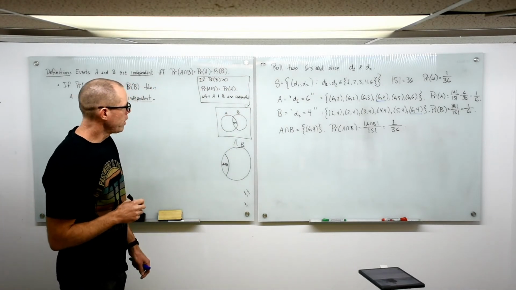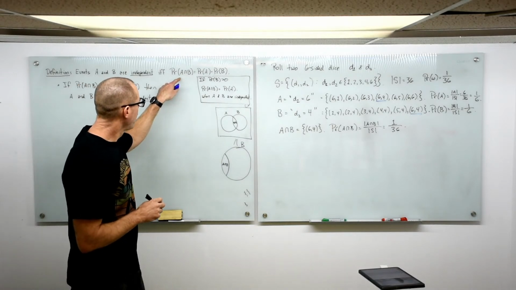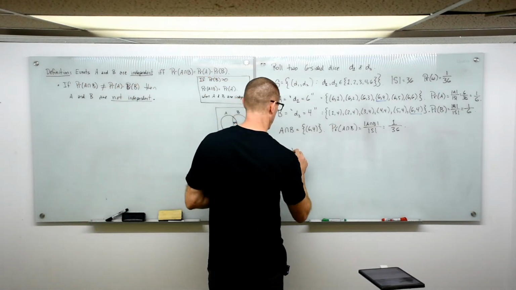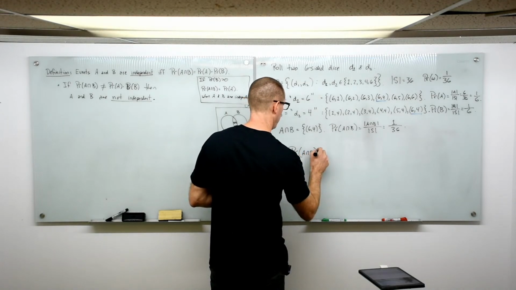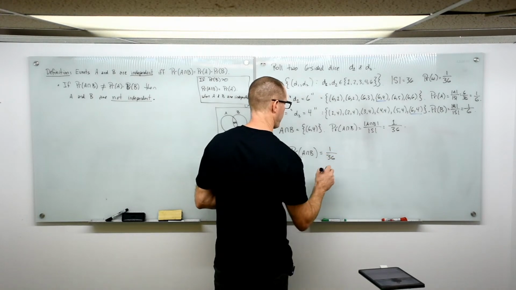And now we have everything we need to test the definition. We look at the probability of A intersect B. We figured that out: it's 1 out of 36.